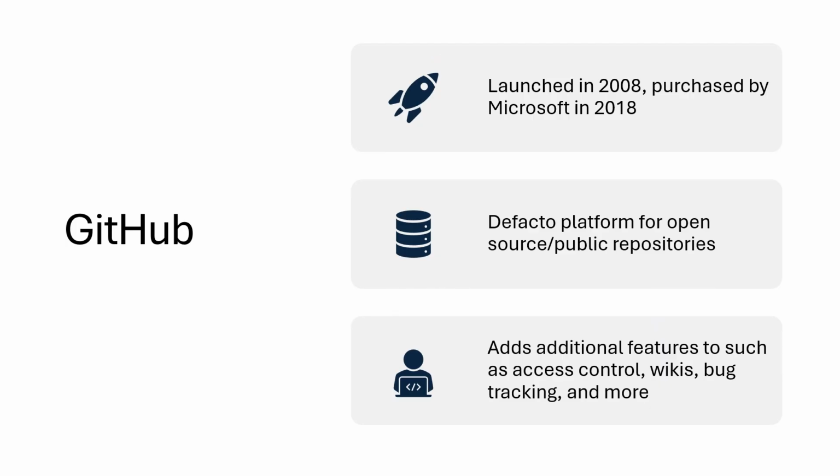GitHub is a popular platform for hosting Git repositories. Additionally, it offers many other features for collaboration like issue tracking and project management. And for our purposes, it even hosts static web pages called GitHub Pages. We'll talk about that next. GitHub was launched in 2008, and it's been the place for open source projects for a very long time, including ones sponsored by big companies like Microsoft, Facebook, Amazon, and Google.